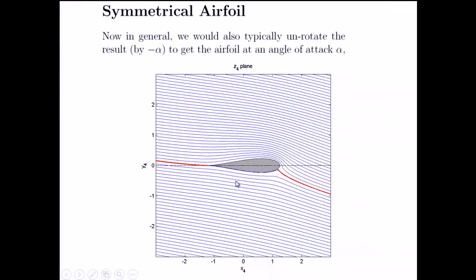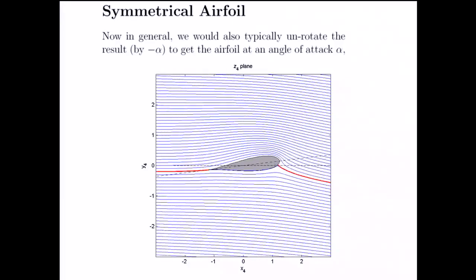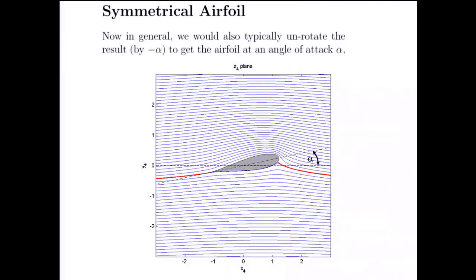We usually prefer to see the flow coming from right to left, so let's just rotate it back by this amount of alpha. And now the incoming flow is from right to left, and the airfoil is at this angle.